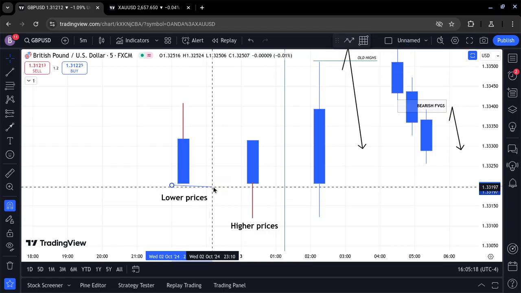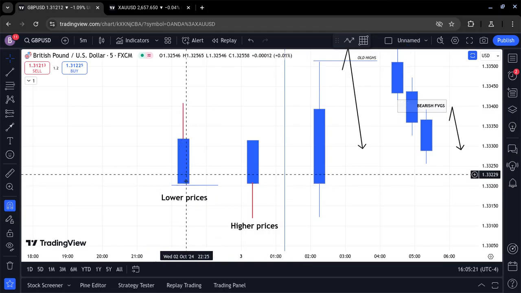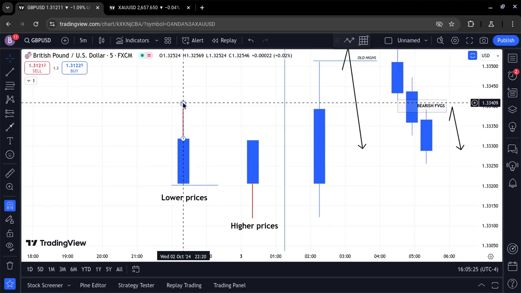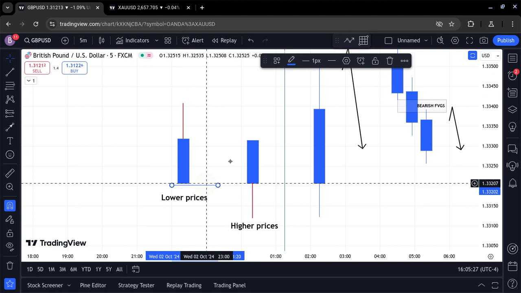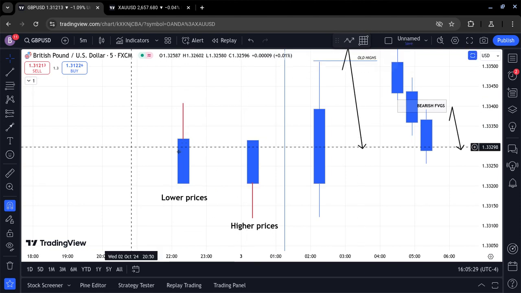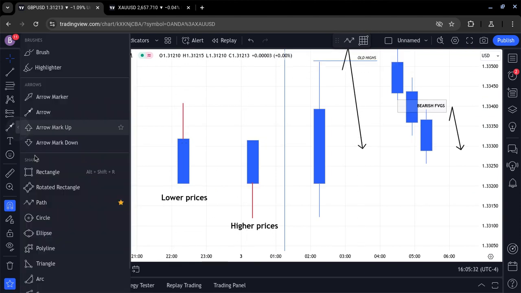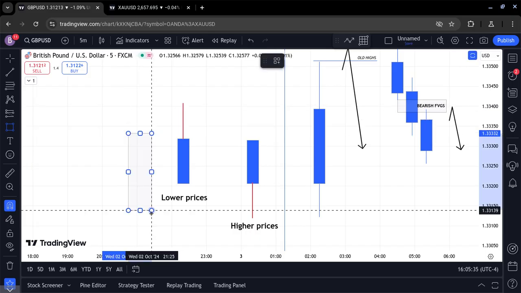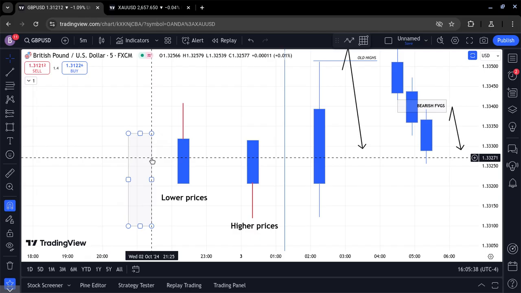Now, it does not mean that it can be a 5-minute candle and you just have to target this low. No, that's the whole narrative. There can be a candle over here like this. There can be a range like this, right there.